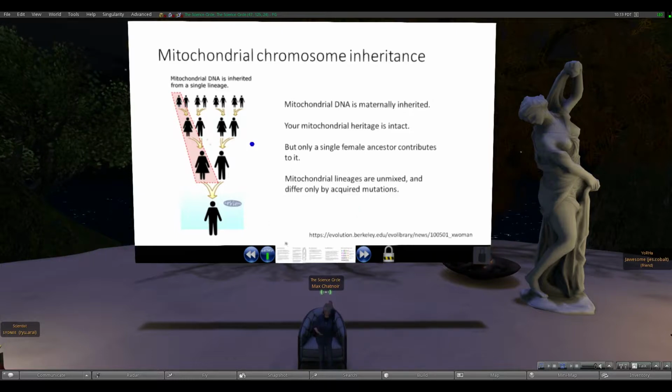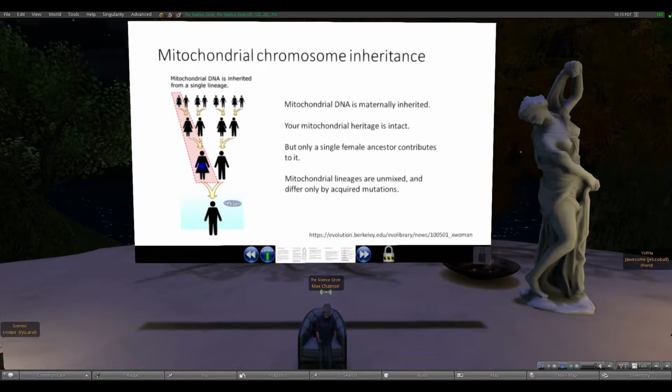It goes down from great-grandmother to grandmother to your parent to yourself, to your mom, to yourself. So it's only transmitted in the female line. So all of your mitochondrial DNA comes from a single ancestor.